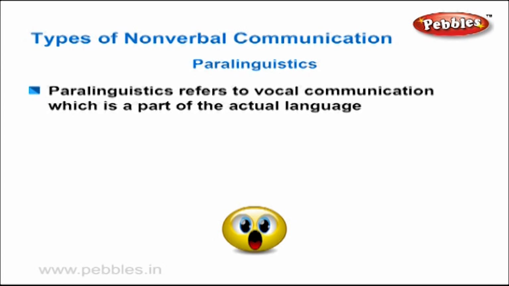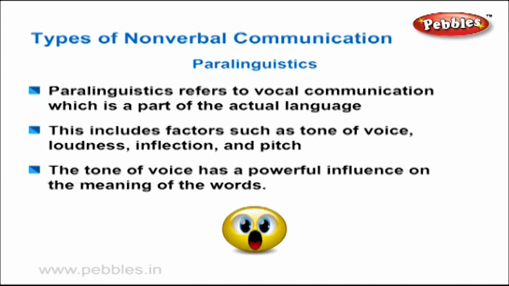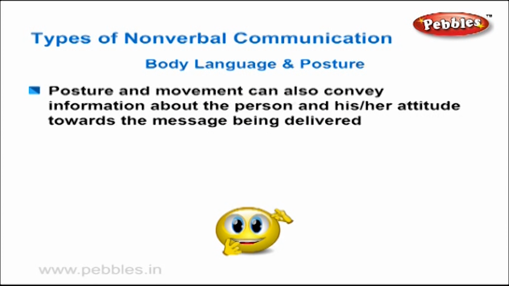Paralinguistics refers to vocal communication, which is a part of the actual language. This includes factors such as tone of voice, loudness, inflection, and pitch. The tone of voice has a powerful influence on the meaning of the words. Posture and movement can also convey information about the person and his or her attitude toward the message being delivered.